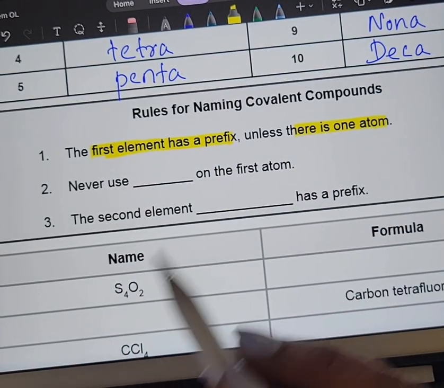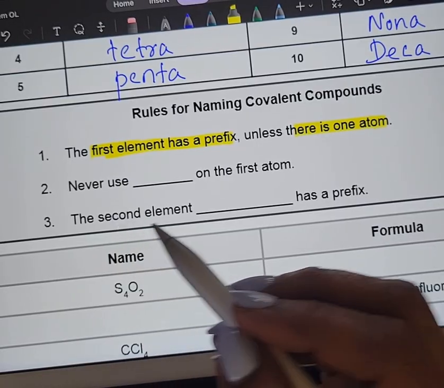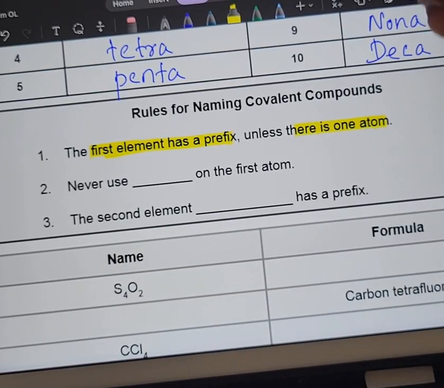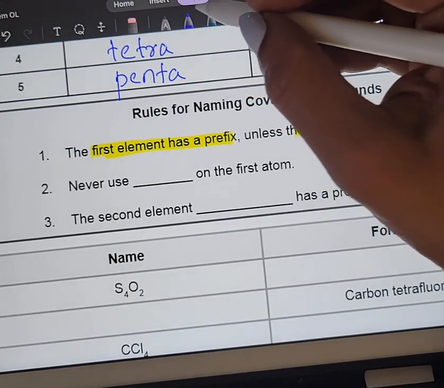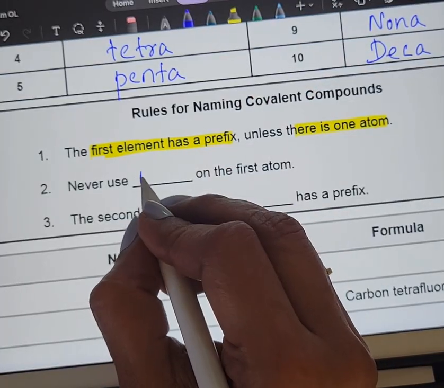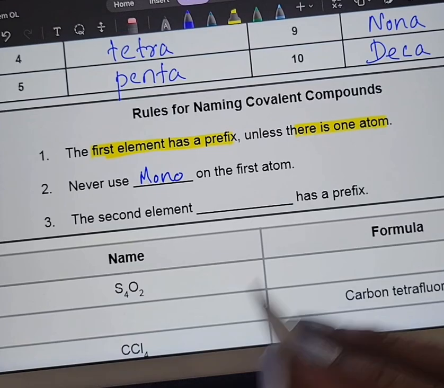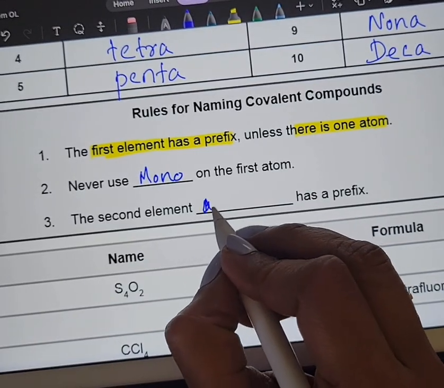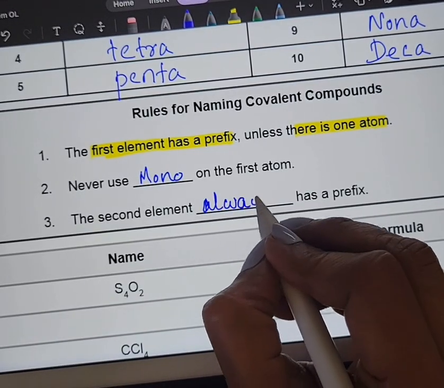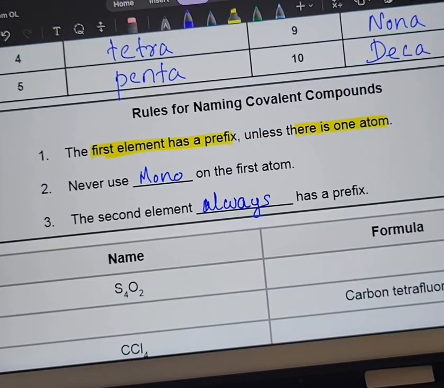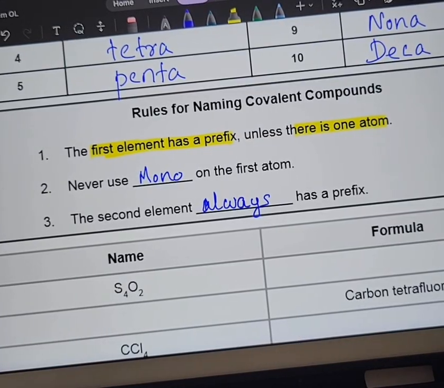That is an exception. Never use prefix if the first atom is 1. Say for example, never use mono on the first atom. Second element always has a prefix. If it is 1, you have to tell that is 1, mono.